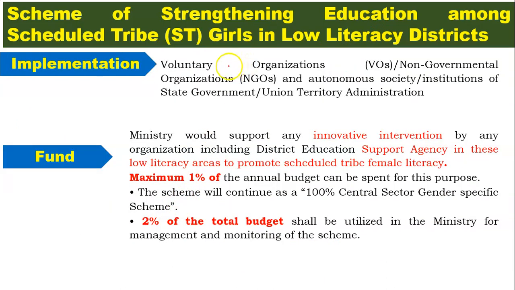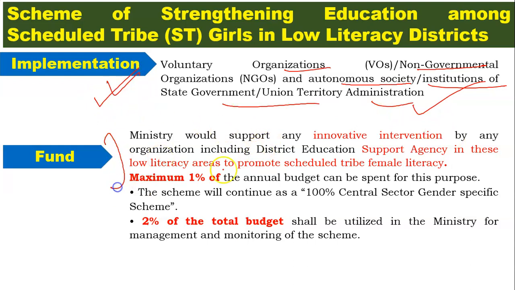Now this scheme is implemented by voluntary organizations, non-governmental organizations, autonomous societies, institutions of state government, union territory administration. Anyone can take responsibility for the implementation of this scheme. The fund is given.